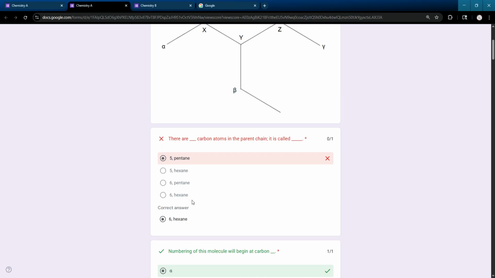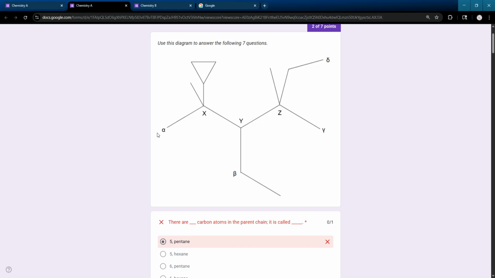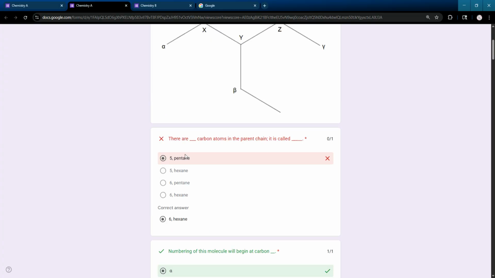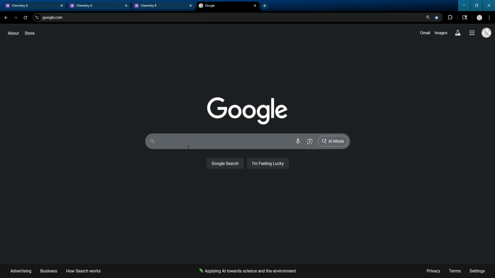Wow, so this one was 6-hexane, because there is 1, 2, 3, 1, 2, 3, 4, 5, and 6. Let's look it up, see what we get.